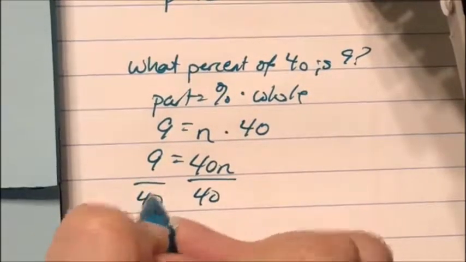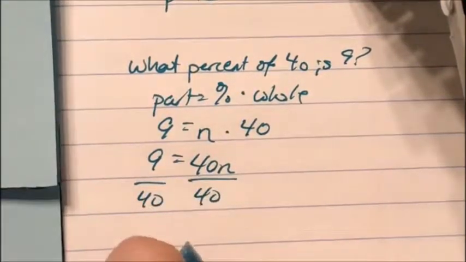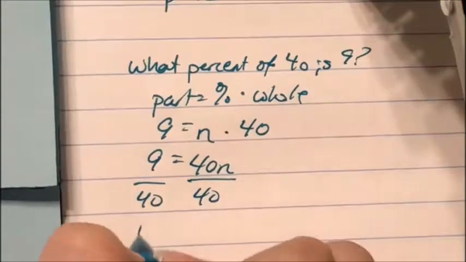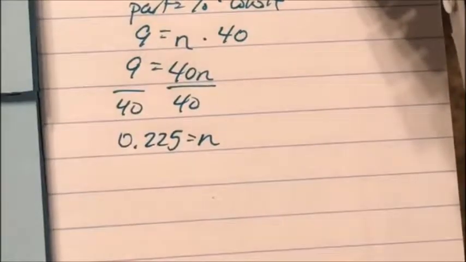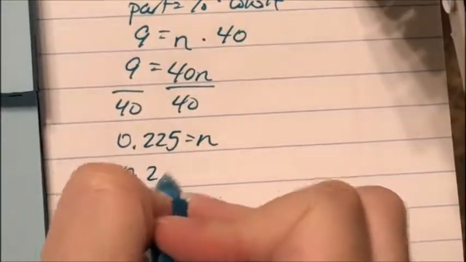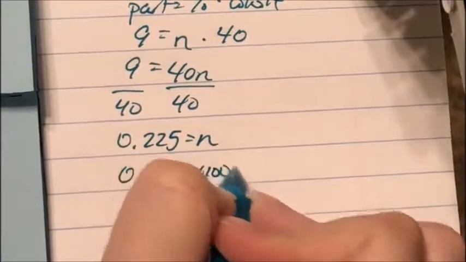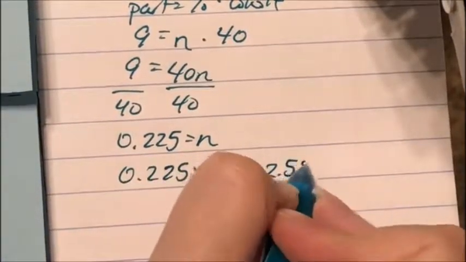Divide both sides by 40. 9 divided by 40 is 0.225. Remember I'm looking for percent, so I need to multiply it by 100. So 0.225 times 100 is 22.5%.